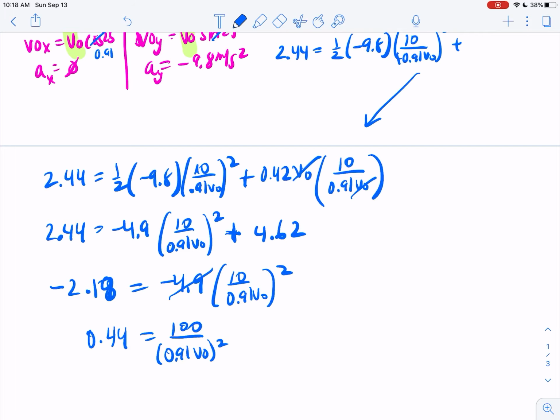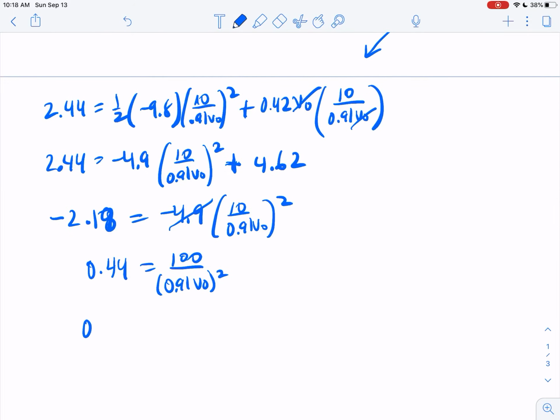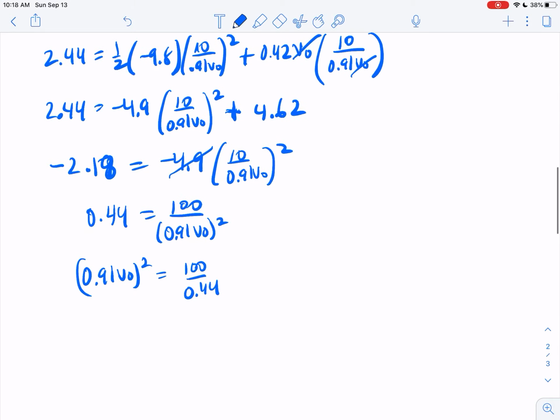Oh, God, I hope this is right. Now I'm going to switch these around, and 0.91 squared. So 0.83 V naught squared equals 100 divided by 4.